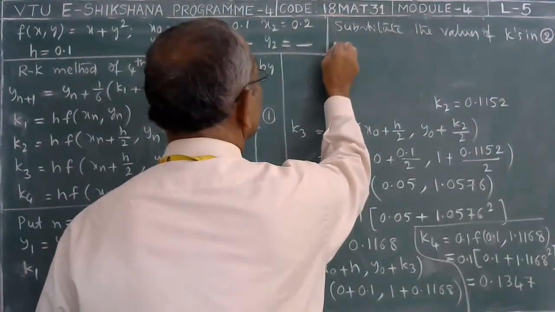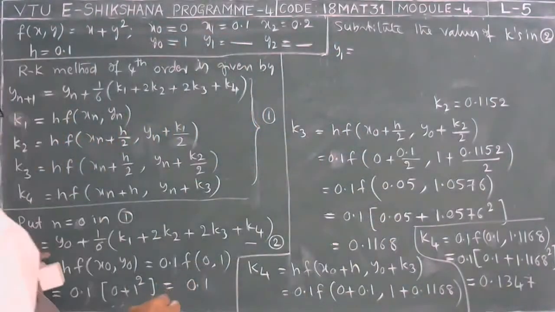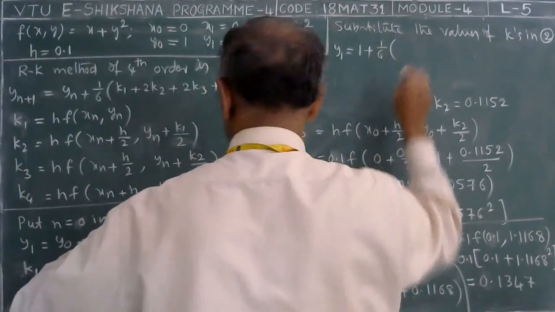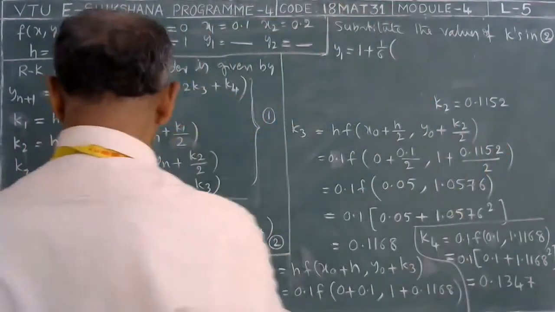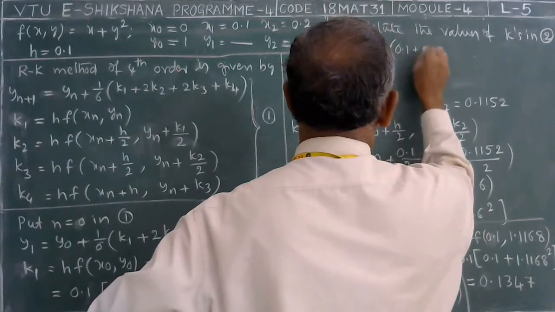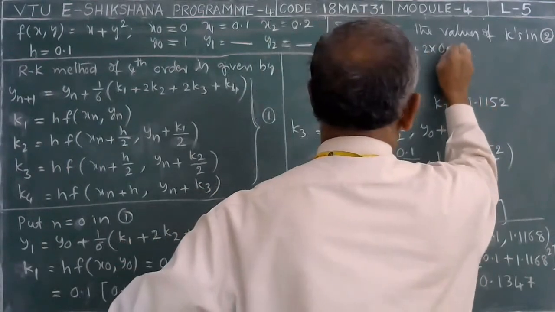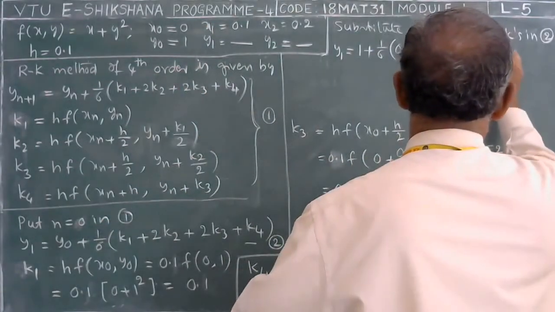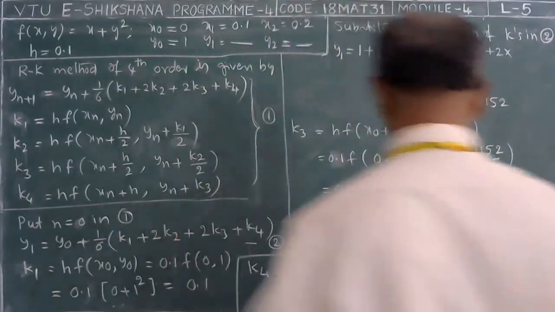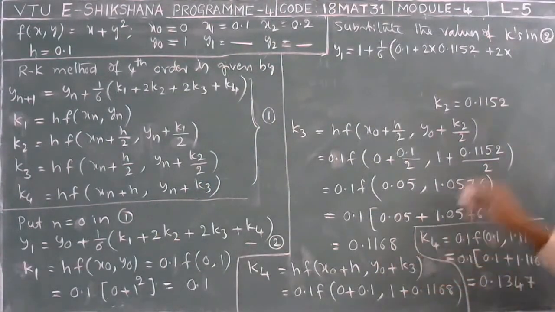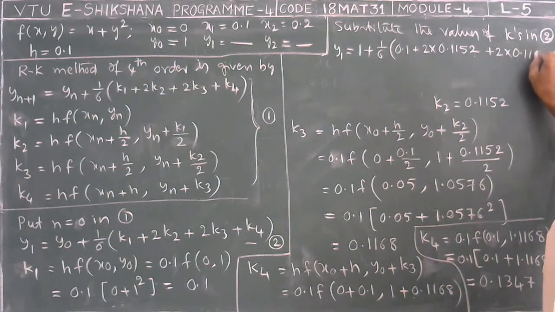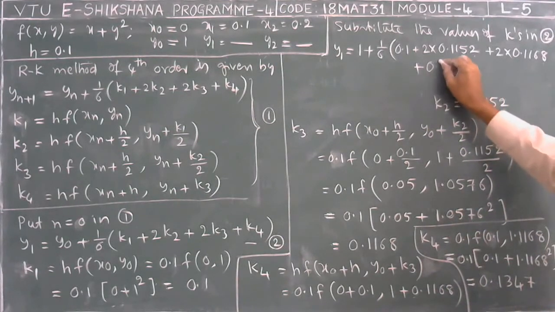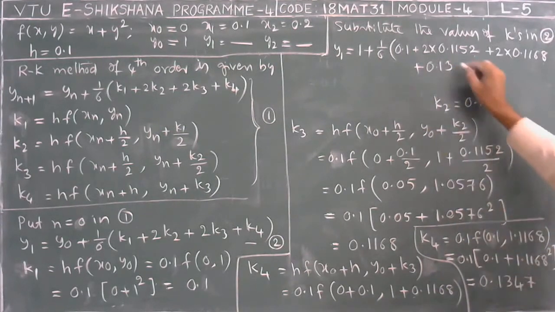I get y1 is equal to y0, which is 1, plus 1 divided by 6 into k1, which is 0.1, plus 2 into k2, 0.1152, plus 2 into k3, 0.1168, plus k4, which is 0.1347.